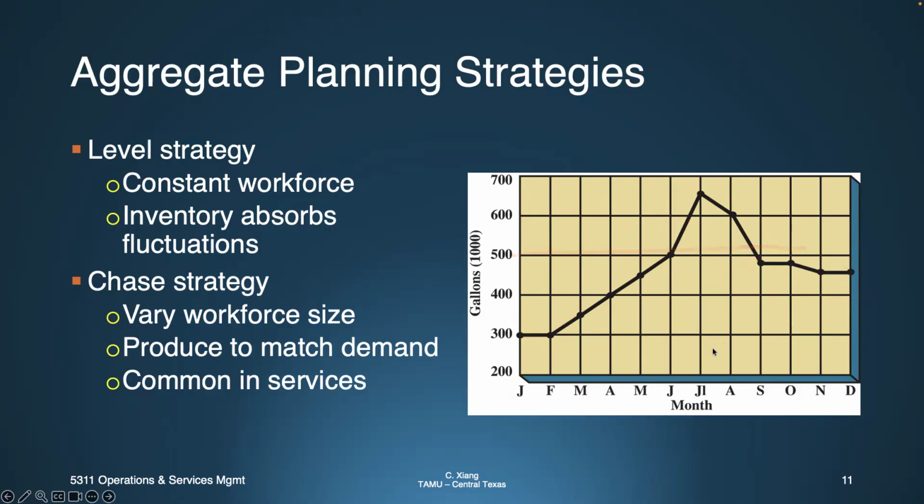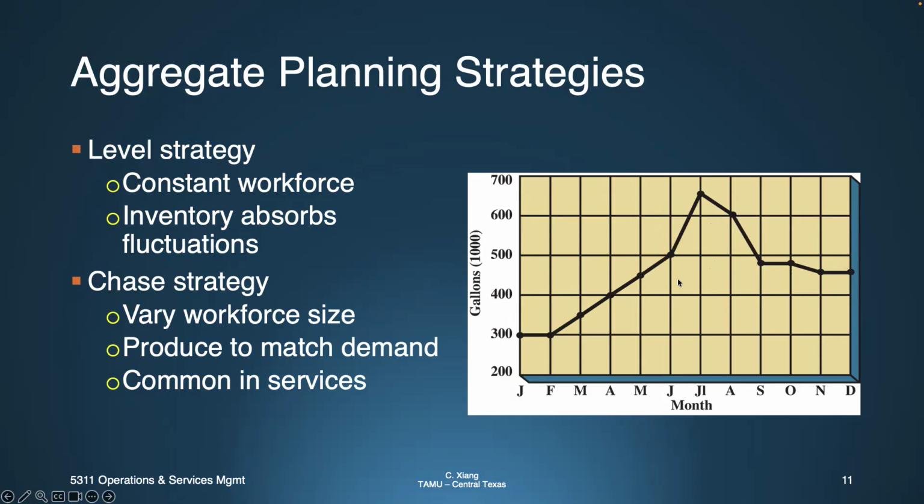In contrast, we can also implement a chase strategy. In other words, we adjust the production level to match the demand in each period. This means that workforce level or production effort changes over time. When demand is low, we scale down. When demand is high, we scale up.